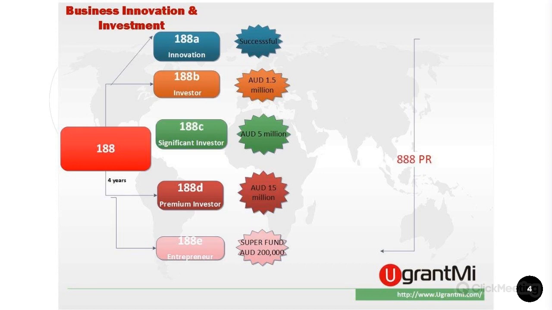The client's requirement is, of course, different to the innovation one because it is called investor visa. But in this way, we have two types of investor. One, the client is actually running a business and they have other financial products. Okay, so they purchase shares on the market, they have financial products, they do tradings.